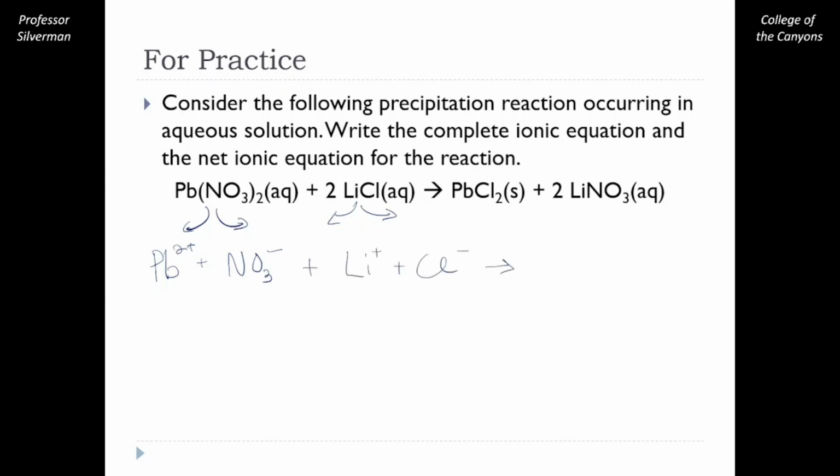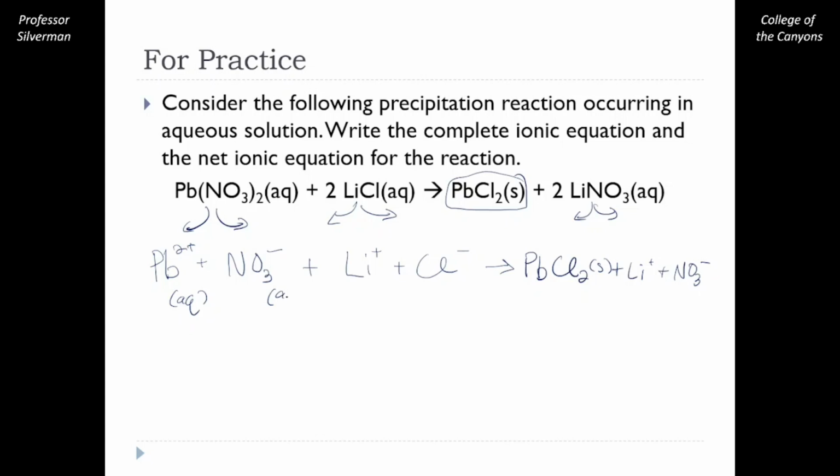On the product side, PbCl2, lead 2 chloride, is a solid. Don't change it, just copy it right down. Lithium nitrate is once again aqueous, so we can break that up into lithium ions and nitrate ions.